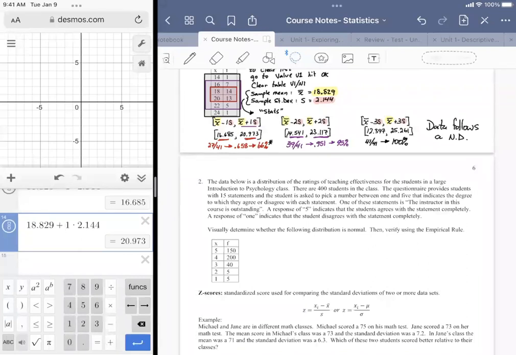The questionnaire provides students with 15 statements, and the student is asked to pick a number between 1 and 5 that indicates the degree to which they agree or disagree with each statement. One of these statements is the instructor in the class or course is outstanding. A response of 5 indicates that they agree with it fully, and a response of 0 means that the student disagrees with the statement completely.